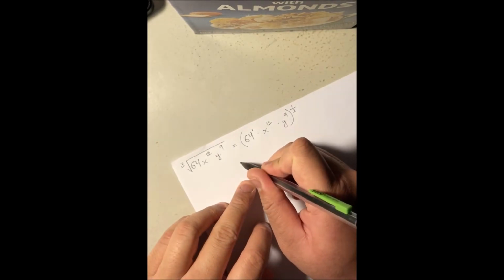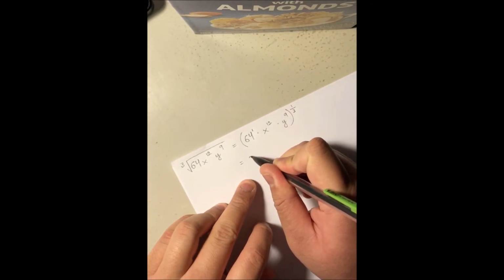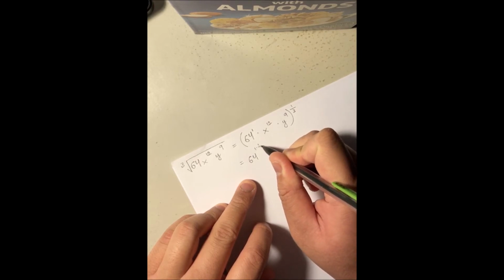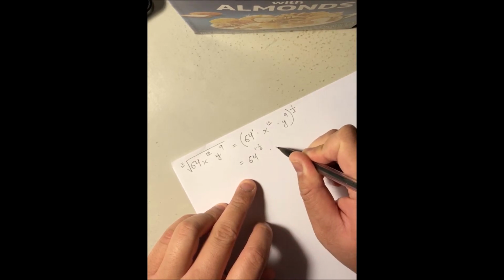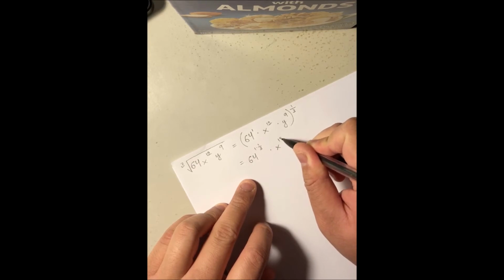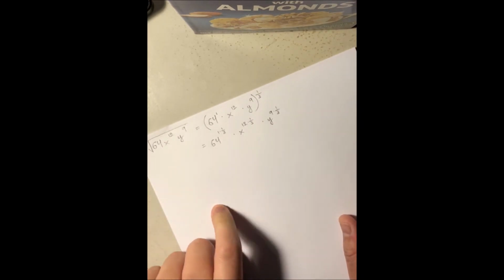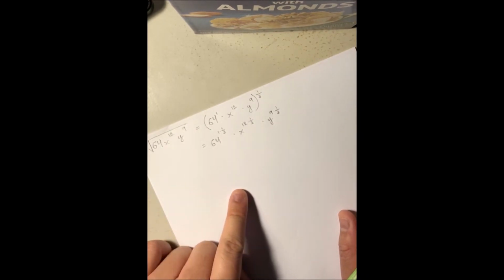So that means I'm going to have 64 raised to the 1 times 1 over 3, multiply x raised to the 12 times 1 over 3, and then multiply y raised to the 9 times 1 over 3. Okay, so hopefully that's clear for you guys.